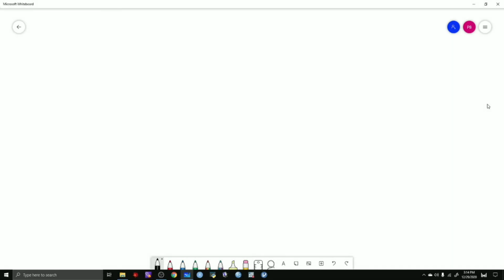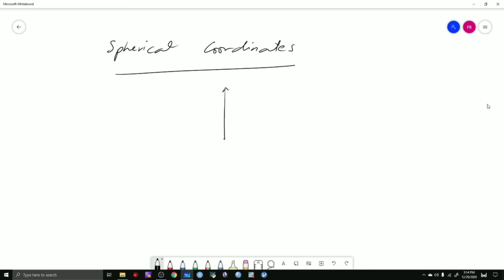For the spherical coordinates, so let us draw again a three-dimensional space. So for example, we have this point with coordinates (x0, y0, z0).